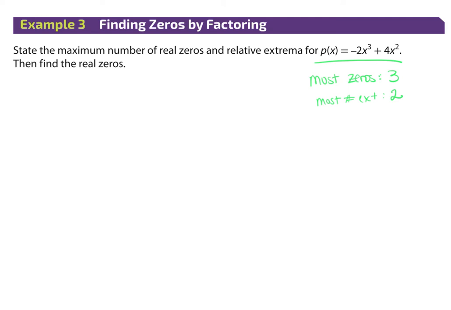Now they want me to actually find the zeros. And right now, we are only talking about real zeros. We will get to imaginary zeros, all right? To find a 0, I want to find where the function is 0. So in order to find out where it is 0, I set it equal to 0. Negative 2x cubed plus 4x squared equals 0.